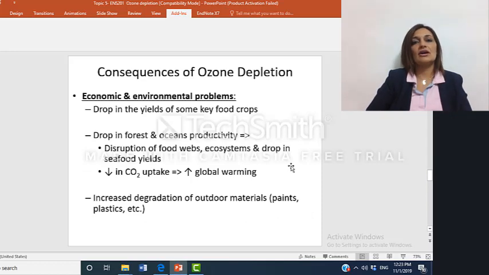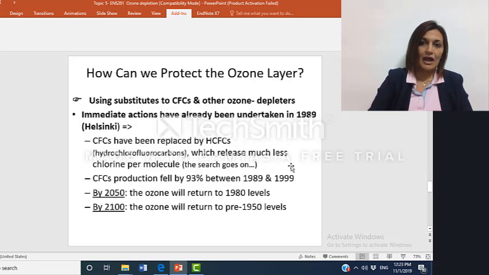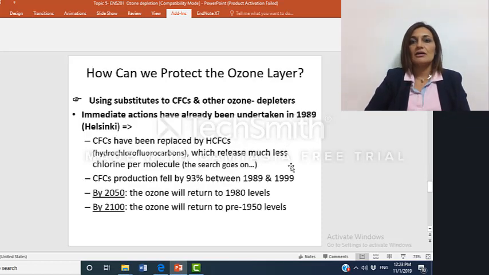In addition, we have economic and environmental problems. So economic problems, it might lead to loss in the growth of crops, field crops and agriculture. Photosynthesis also might be affected, and we have corrosion of paints and plastics and degradation of outdoor material. How can we protect the ozone layer?